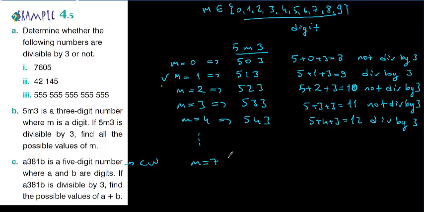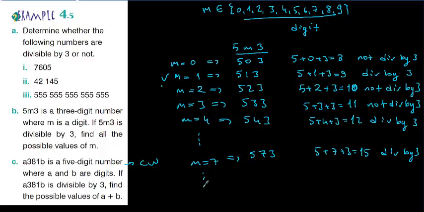So 1, 4, 7: 573, and 5 plus 7 plus 3 is equal to 15, so it is divisible by 3.